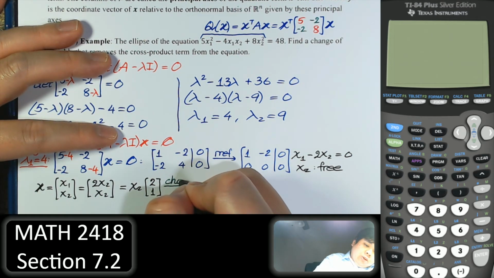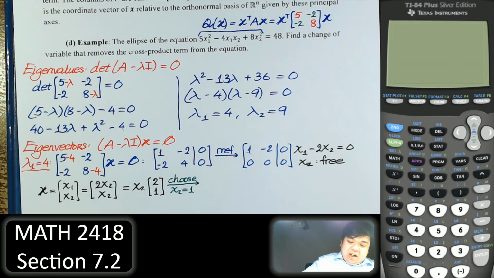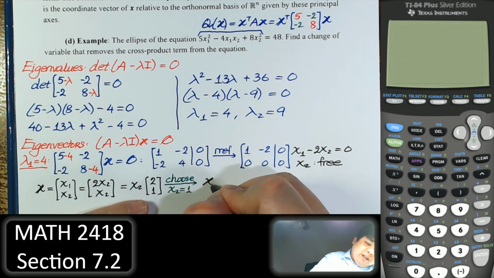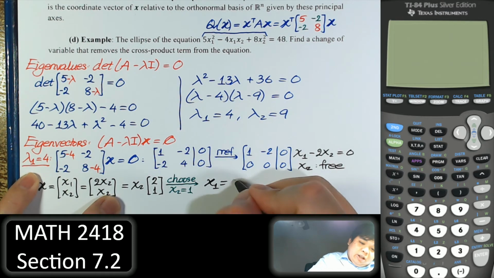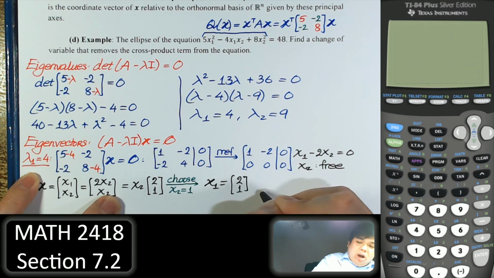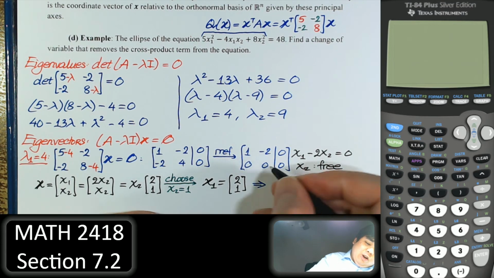So I'm going to choose x2 equal to 1. That will be easy. So we have the first eigenvector corresponding to the eigenvalue of 4. It's going to be 2 and 1. Now let's just normalize it because we may not have enough space later.